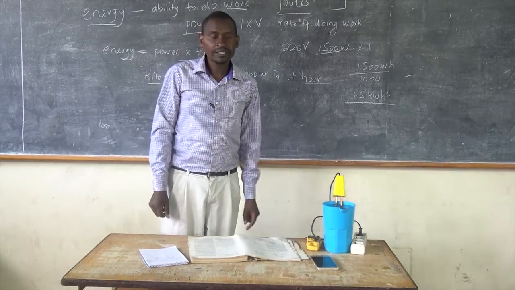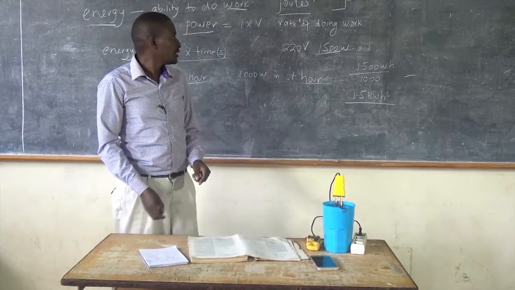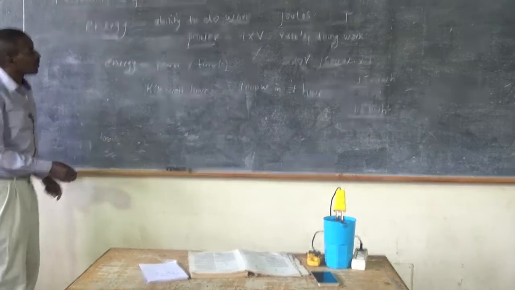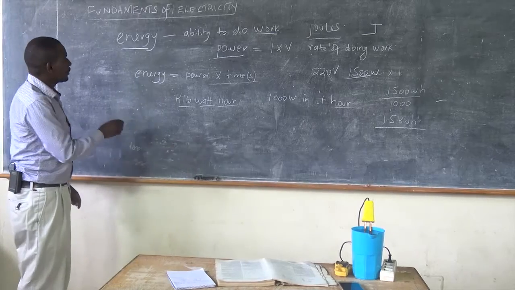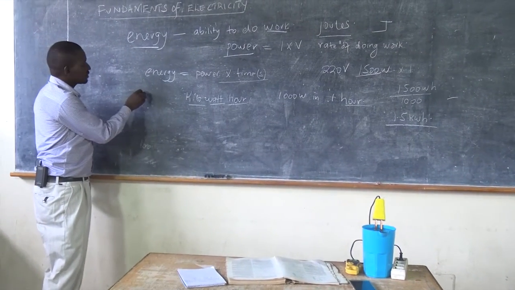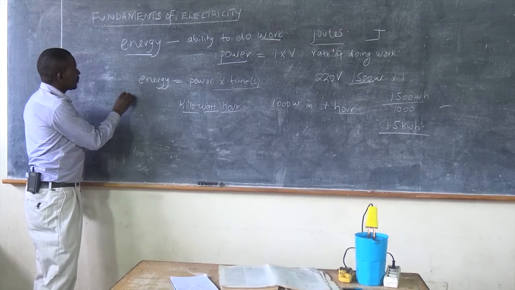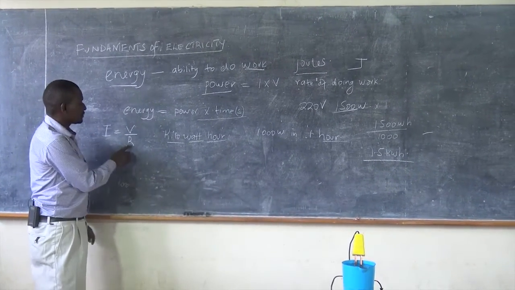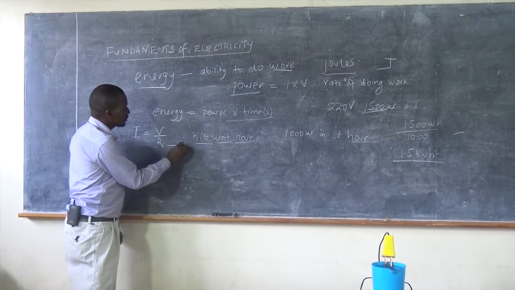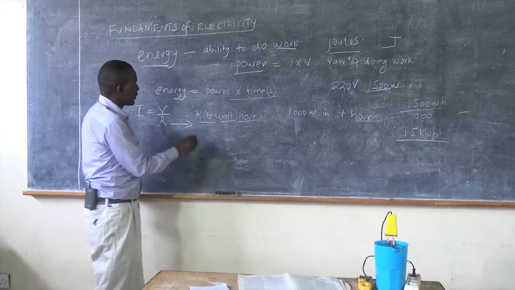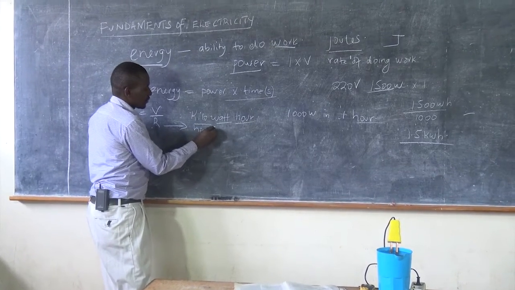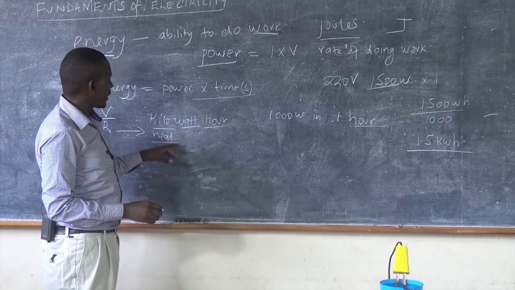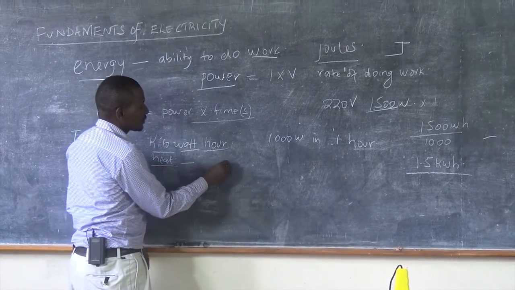What is actually happening on the heater is that the current flowing on the heater is getting some resistance from the heater coil, and because of the collision, we said that I is given by V over R, and because of this resistance, this is what is enabling us to get heat, and we want to see how much energy we'll use to convert water.